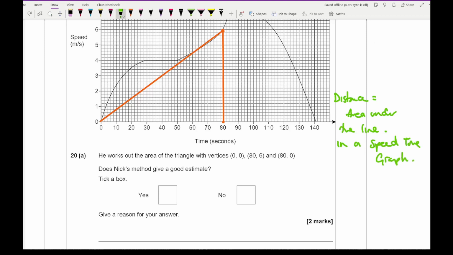So is this a good estimate? Well, the fact that you're working out the area of the triangle means that you're missing out this bit here.